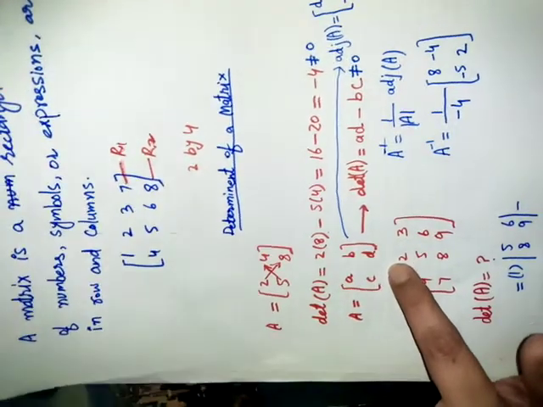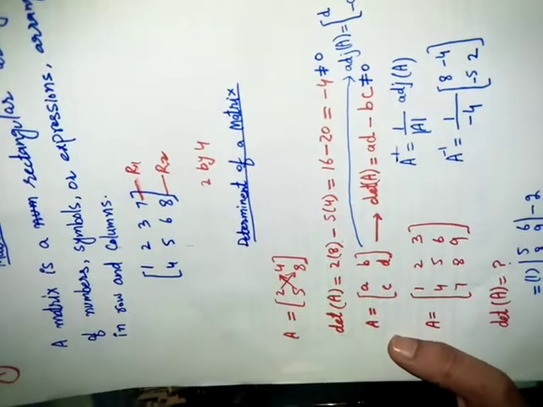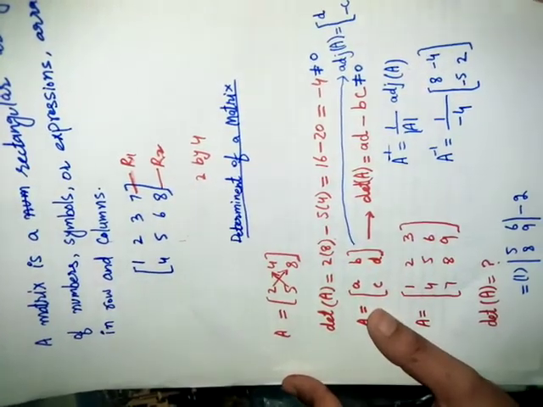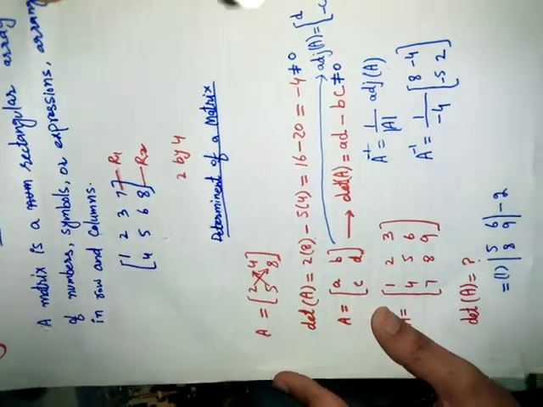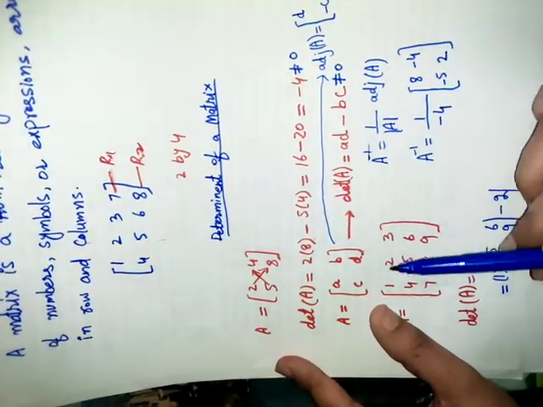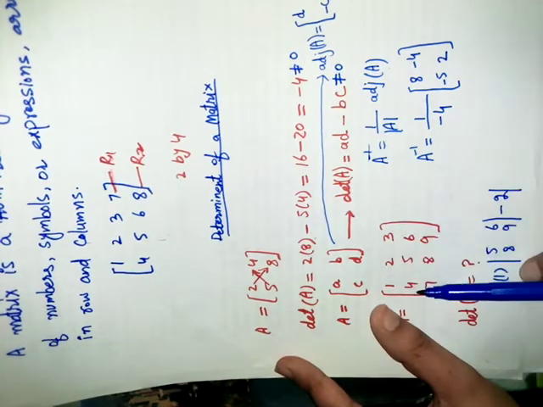Put the value 2. Leave the row and column containing 2. The row of 2 is this one, leave it, and the column is this one, leave it. Then 4, 6, 7, 9.